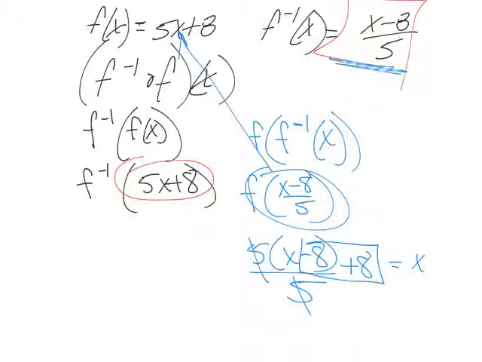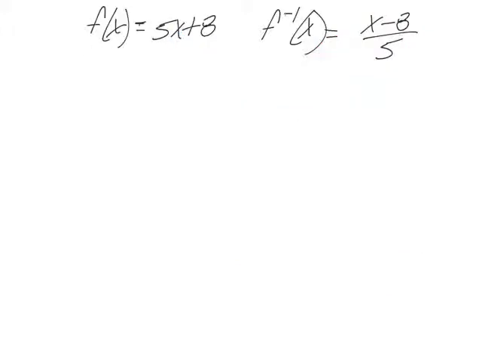Okay, top of page 356. I'm just going to kind of talk through this real quick. It's a very small section, but it's important for you to at least listen to me talk for a minute. There are going to be some times where the inverse of a function is not a function. It doesn't pass the horizontal line test.